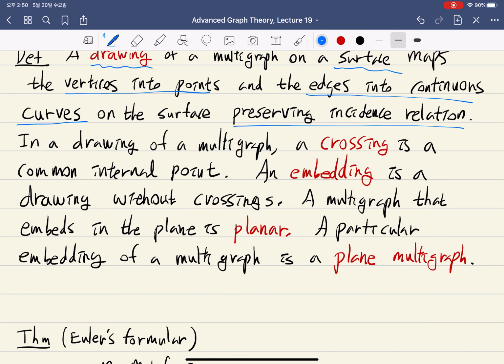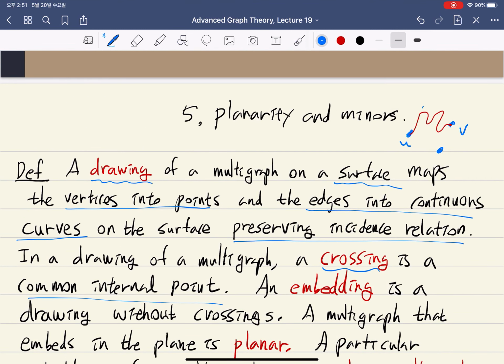And we define crossing as a common internal point of two edges. Let's just call the image of this map edges and the image of this map, again, vertices. So if we say edge, it could mean the edge of a graph or this continuous curve when it's embedded.